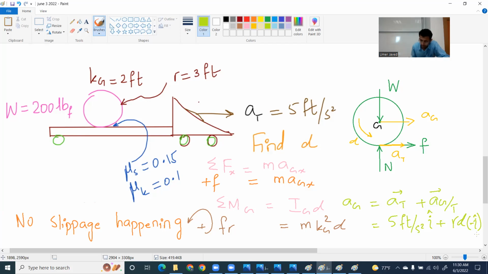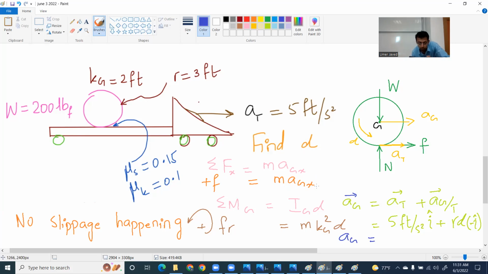Anyways, so in this way, I will have the final answer, let me use a blue color, of a_G. Again, this is an arrow, comes out to be whatever. So I think that's enough. Now, just put everything inside. So I will have F equal to m a_G x.